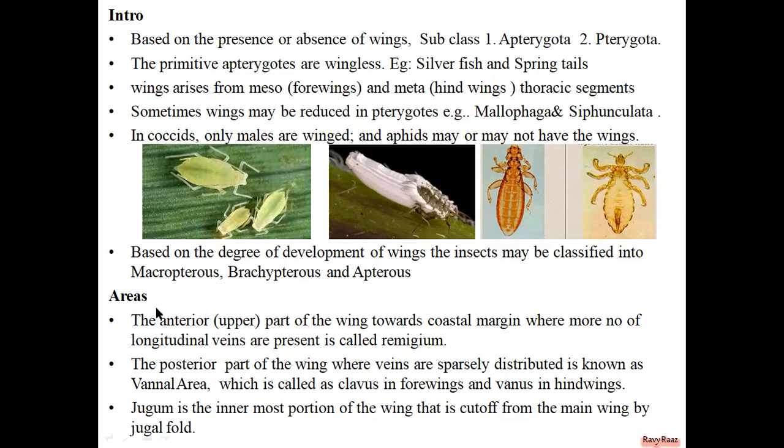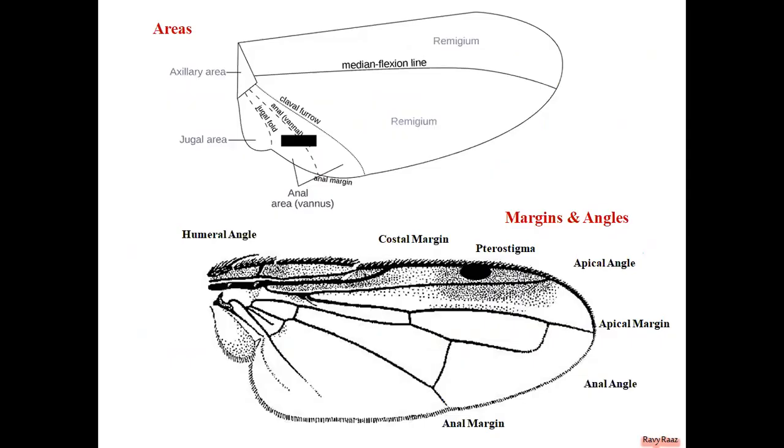The area in the anterior upper part of the wing toward the costal margin, where more longitudinal veins are present, is called remigium. The posterior part of the wing, where veins are sparsely distributed, is known as the vannal area, which is called clavus in forewings and vannus in hindwings. So this is a wing structure.